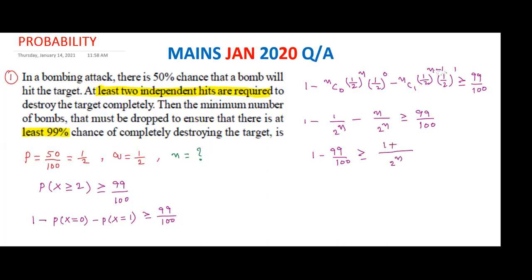We get 1 plus n. This total 1 by 100 is greater than or equal to 1 plus n divided by 2 power n. Take cross multiplication: 2 power n is greater than or equal to 100 into 1 plus n.